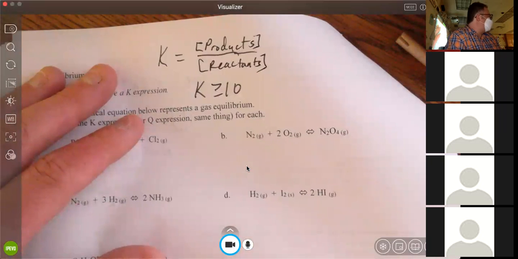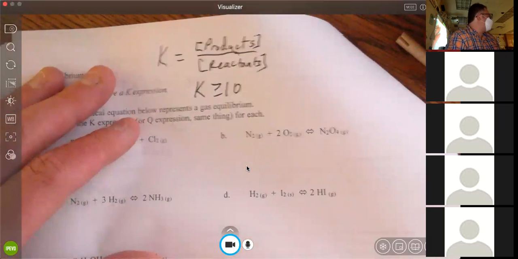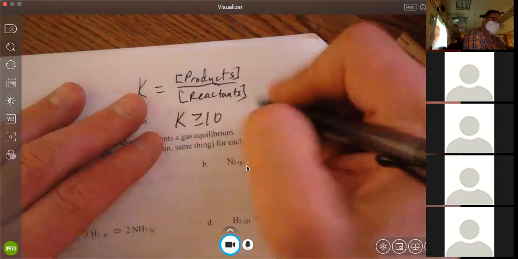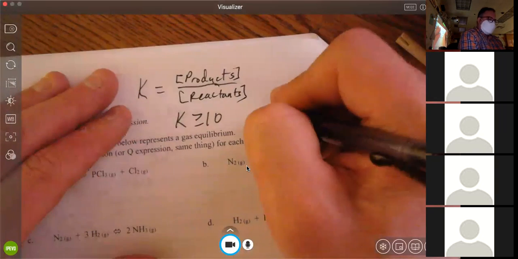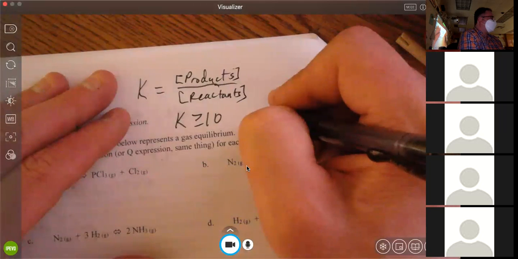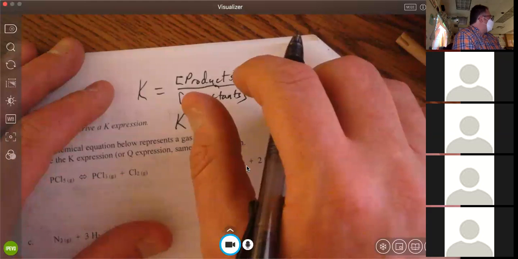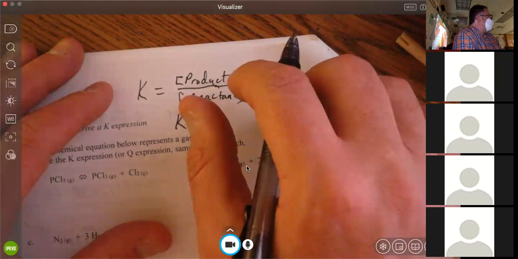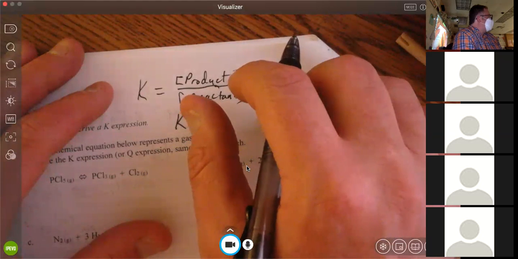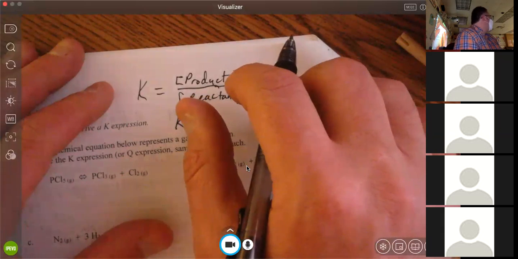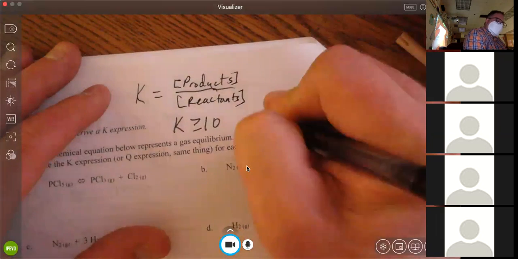Completion means that we have so much products to reactants that the reactants are kind of negligible. If K is less than 1, it's reactant, but I think it's 1 times 10 to the, like 0.001 or something like that.